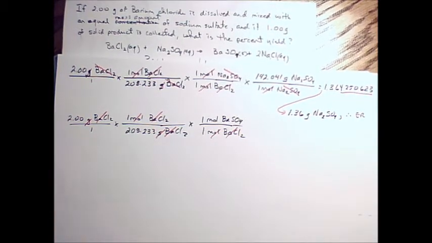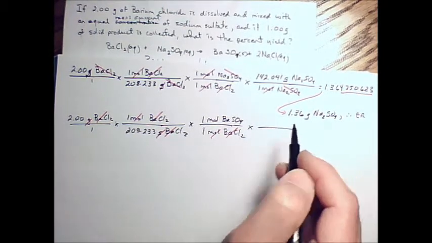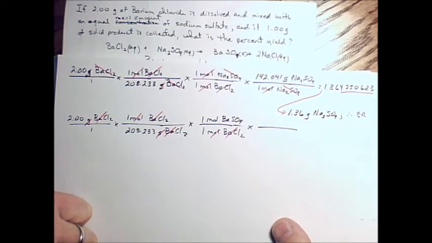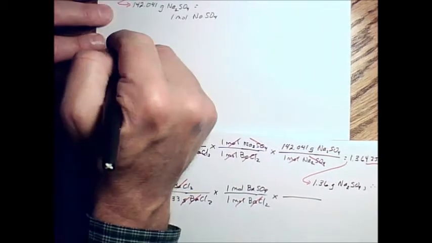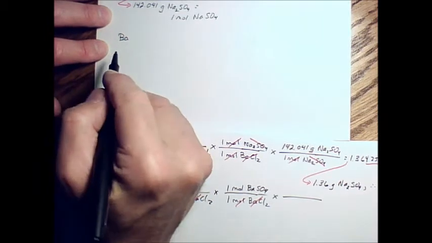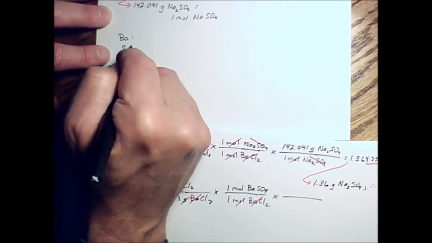Okay, so we're at the point now where we need another molar mass calculation, this time for barium sulfate. So we're going to list all the elements that are in barium sulfate. There's barium, sulfur, and oxygen.